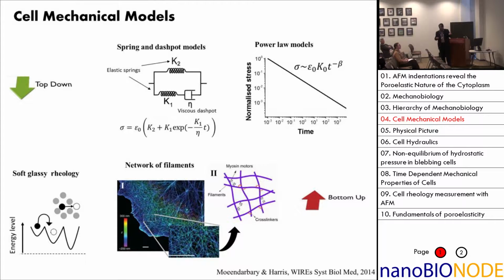The bottom-up approach is too complicated because the cell is not simply made of simple polymers. It's made of polymers plus macromolecules plus lots of stuff inside it. The problem with these models is you can fit any kind of material with this kind of model, including iron, I don't know, or aluminum, or cell, or whatever.